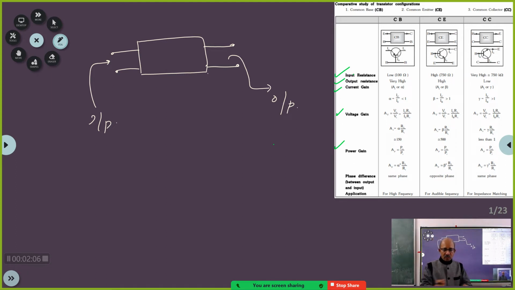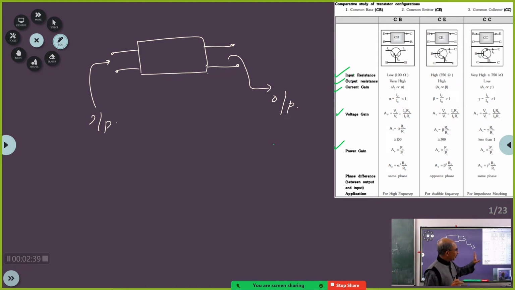I want an amplifier to perform this task, so the engineer's task is to choose which configuration will suit, so that he gets the required output. He has a choice of these three configurations and accordingly chooses.